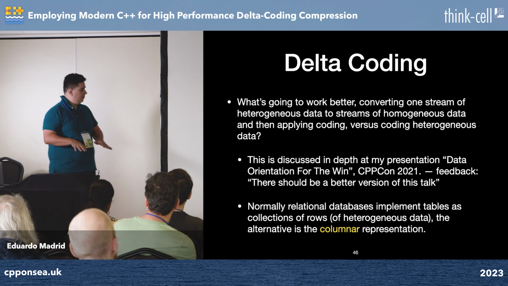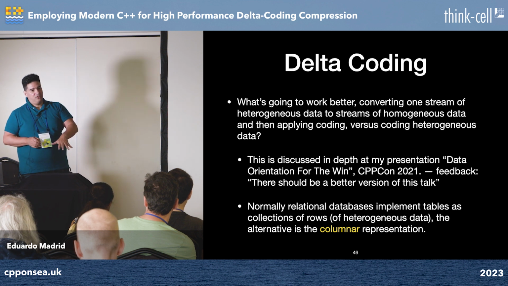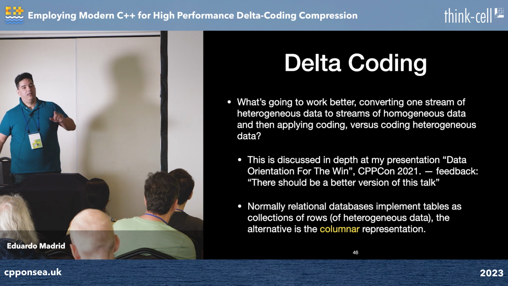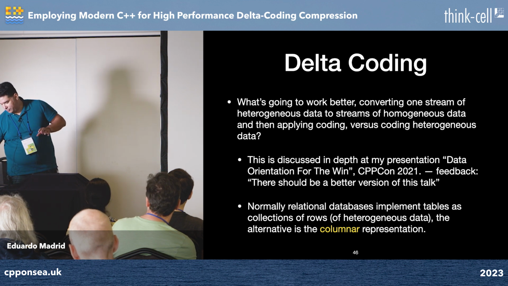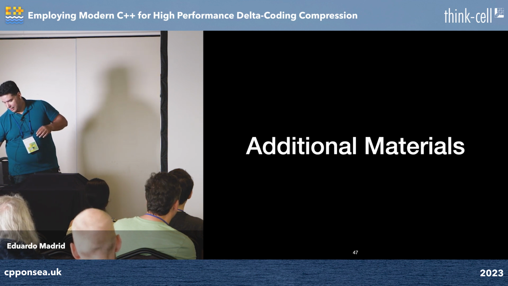So I very much encourage you to do that. And if you have homogeneous collections of data, then very, very likely you're going to be able to apply any sort of delta compression mechanism and get ahead in performance and compression at the same time.